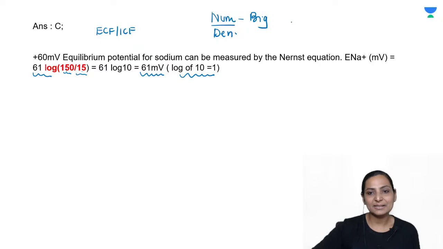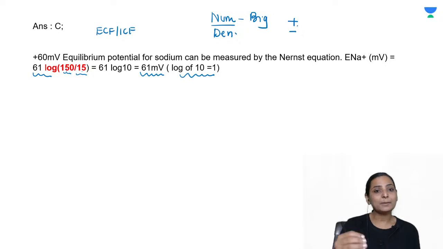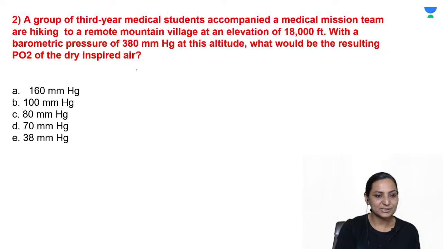As far as the signs are concerned, plus sign is taken when the ion coming inside is positive, and negative is taken when the ion coming inside is negative or a positive ion is moving outside. Right? So this answer becomes plus 60 because 150 by 15 is 10, the log of which is 1, and I multiplied it with 61. Next one.